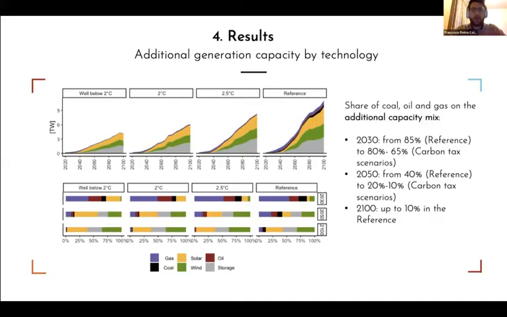Consider that the reference scenario is already a policy scenario. So we have an NDC and NDC policies are implemented. So we have an impact on the decarbonization, which is particularly strong in the second half of the century.